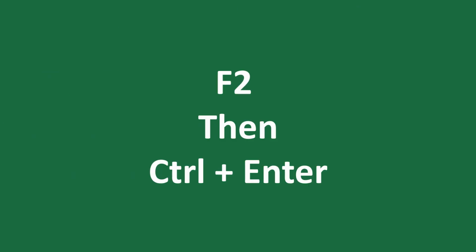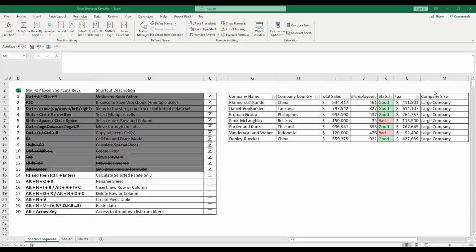So we spoke in the past about calculating the current spreadsheet you are in by pressing Shift F9 if your formulas were in manual mode and not automatic. So in this example, let's calculate a selected range only. In order to do this, we go to the dataset or the range we want to calculate. We can do this by pressing the arrow keys or the mouse.